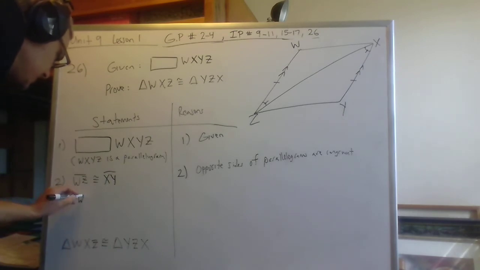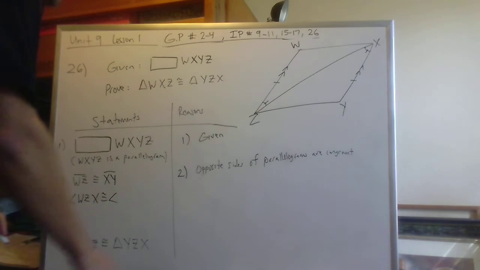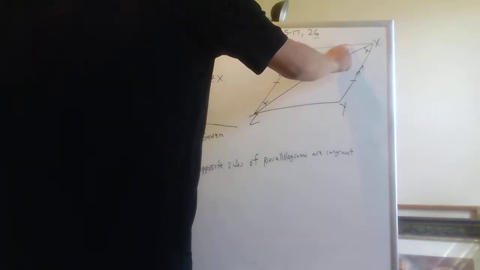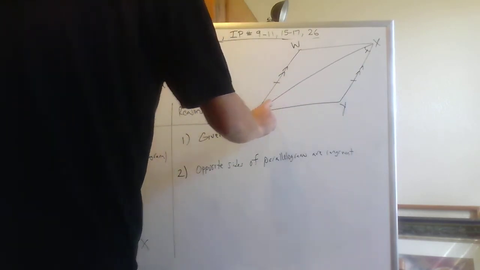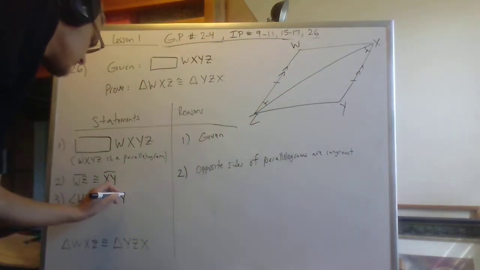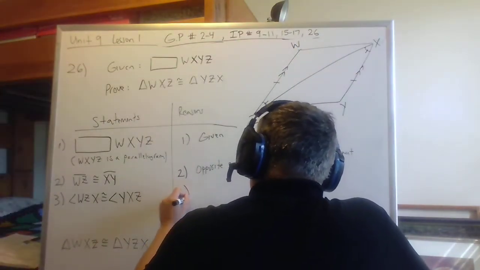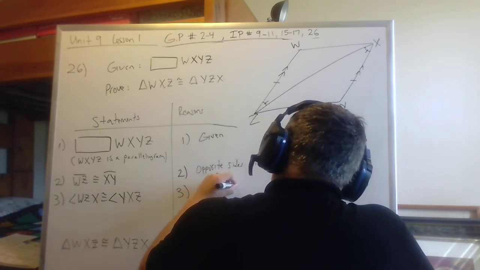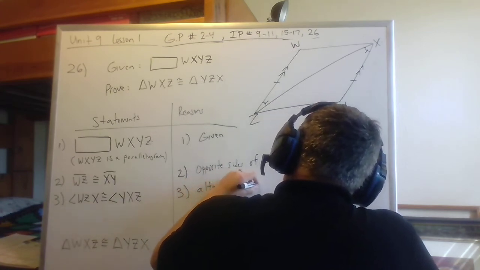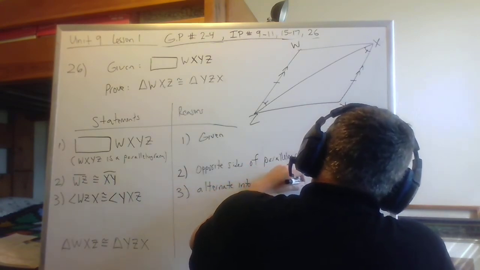Angle WZX is congruent to YXZ. And that's because alternate interior angles are congruent.